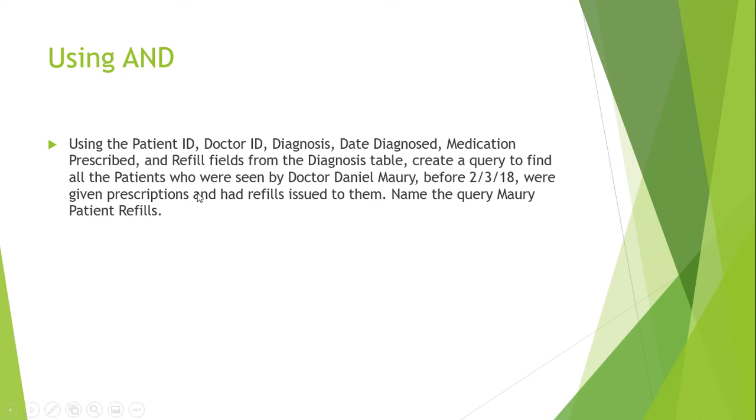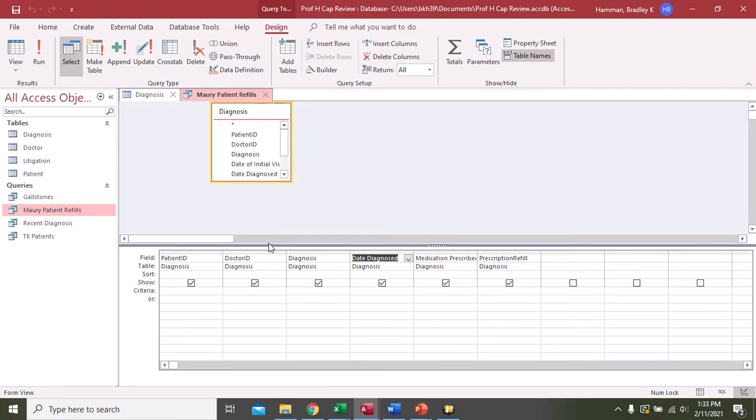So that's what we're going to do. So hopefully you can already see the issue that we're going to have. And maybe if we read a little closer, it will become more evident. All right, so let's do this. First, we're going to create a query to find all the patients who were seen by Dr. Daniel Mari.